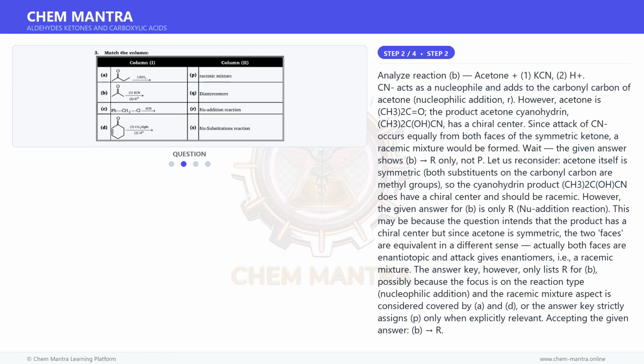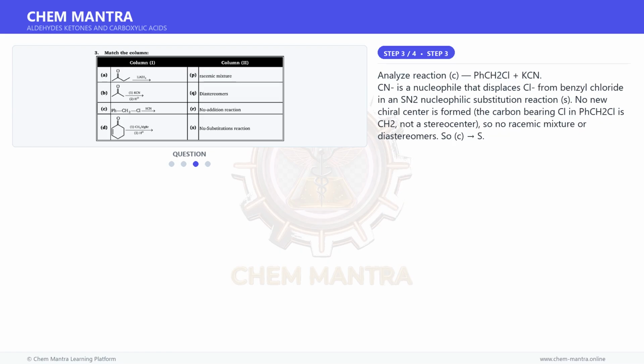The answer key, however, only lists R for B, possibly because the focus is on the reaction type, nucleophilic addition, and the racemic mixture aspect is considered covered by A and D, or the answer key strictly assigns P only when explicitly relevant. Accepting the given answer, B, R. Moving on to the next step.